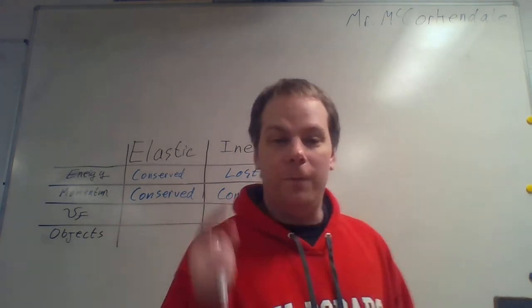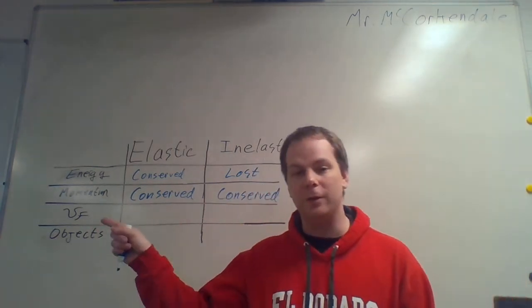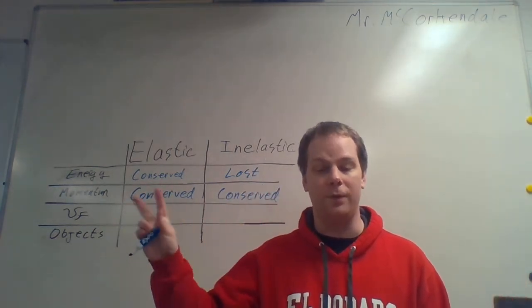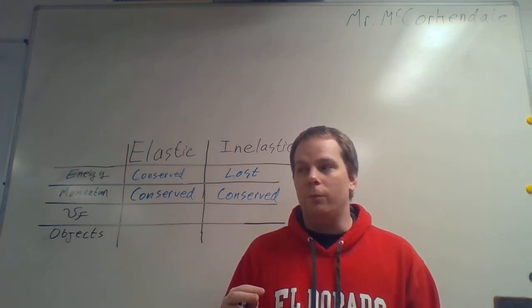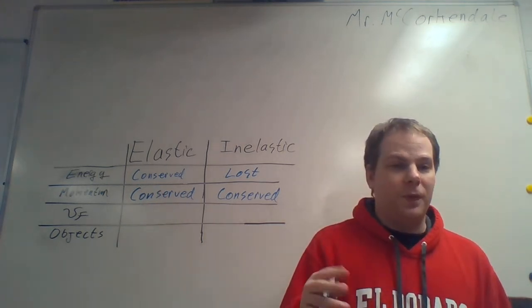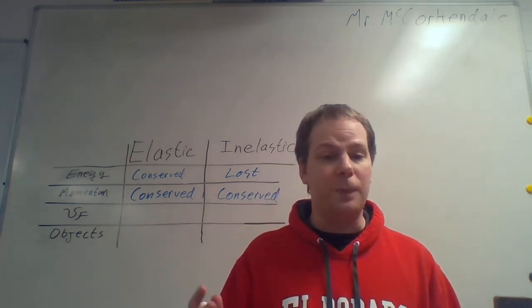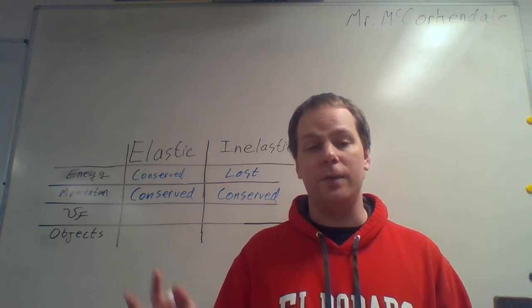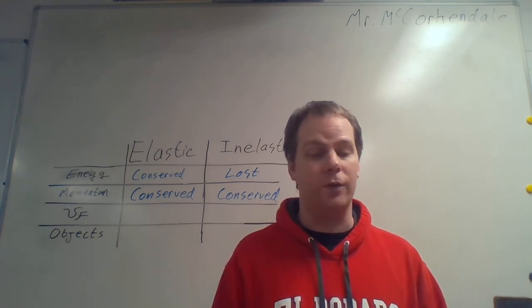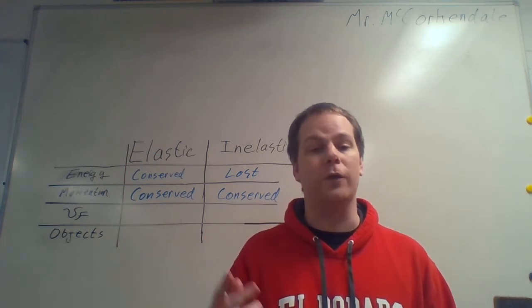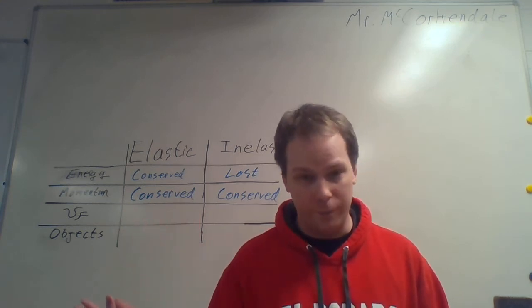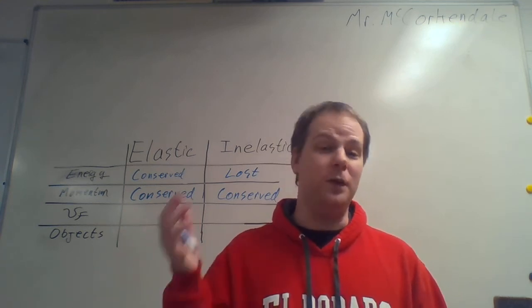Now, VF, the final velocity of the two objects. Well, actually, let's start with VI. VI for the two objects can't be identical, because V is a vector. If the two vectors are identical, there isn't going to be a collision. They have to be different in some way.